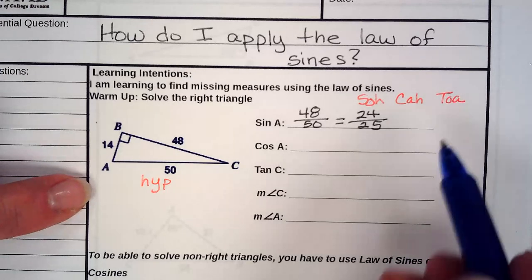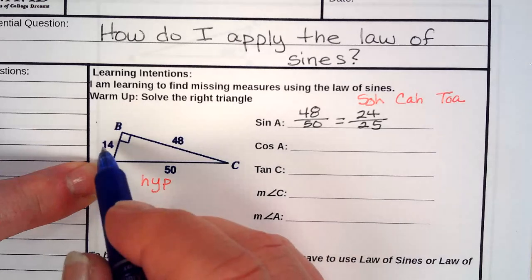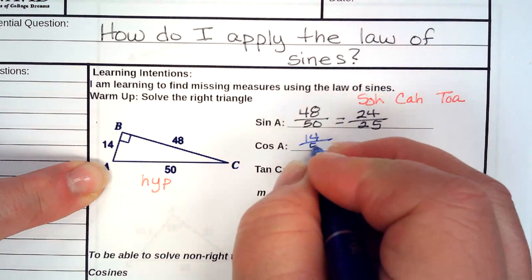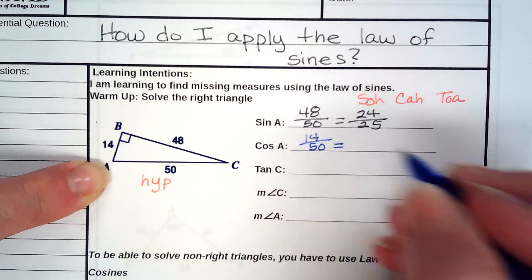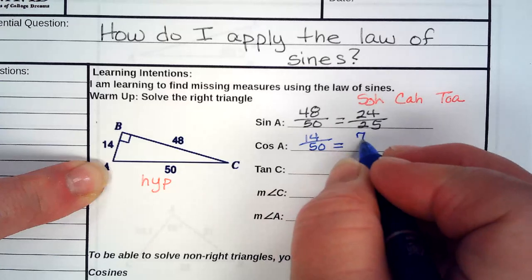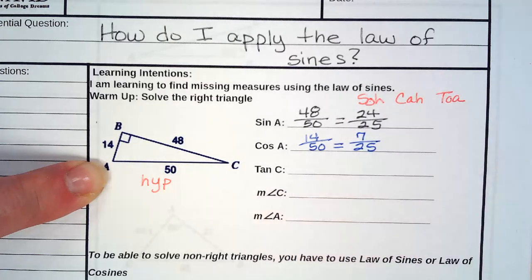Cosine of A, CAH, adjacent over hypotenuse, 14 over 50. But once again, both of them have a factor of 2. 14 divided by 2 is 7, 50 divided by 2 is 25.